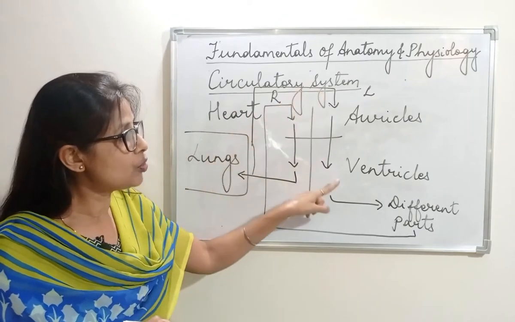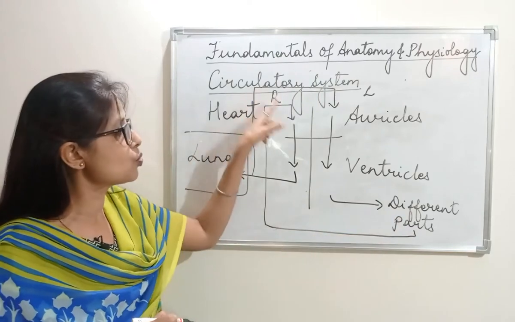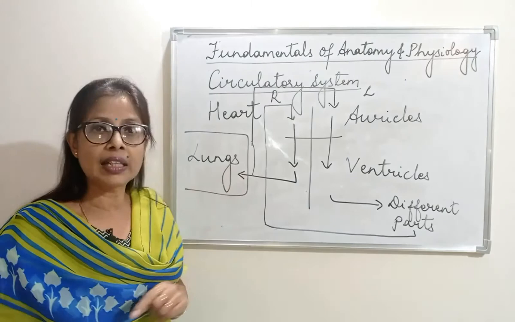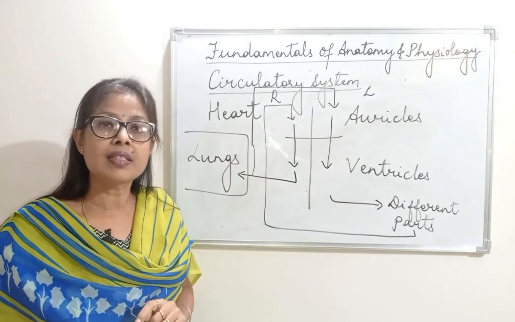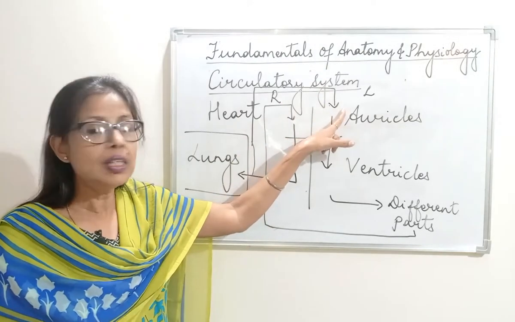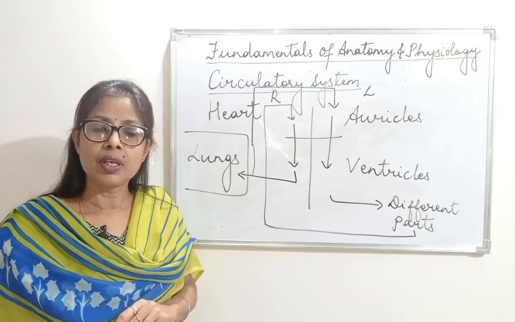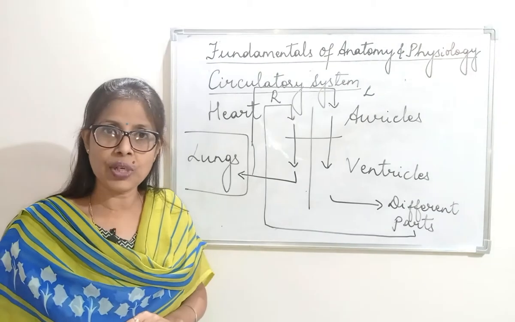Left auricle to left ventricle to different parts, then from different parts to the right auricle to the right ventricle and lungs. Blood enters twice in the heart. Once it enters in the left auricle, once it enters in the right auricle. So, we call this double circulation.